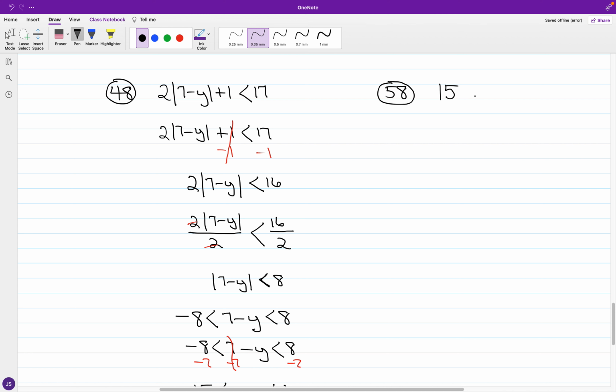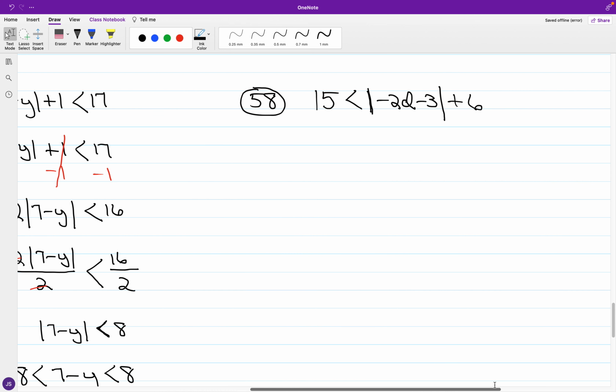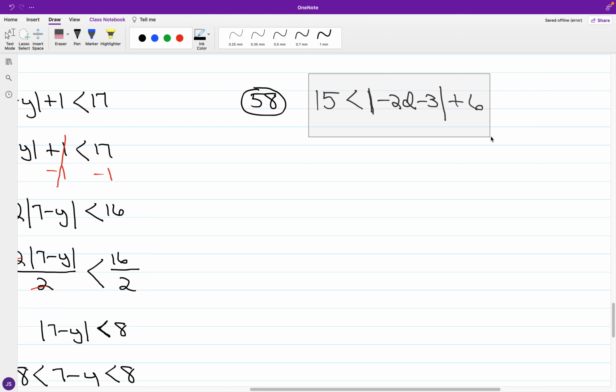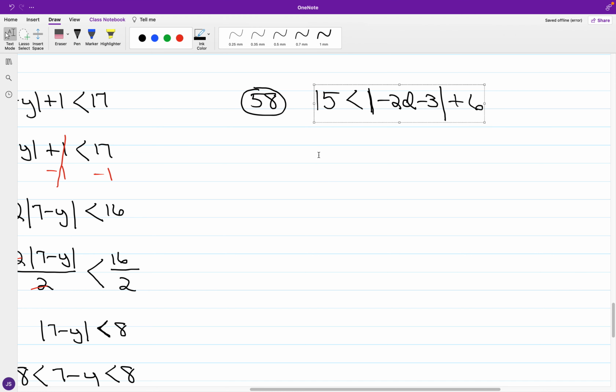Here we have 15 is less than the absolute value of negative 2d minus 3, and that is followed by the addition of 6. Again we're going to isolate the absolute value term, which exists on the right hand side of this inequality.